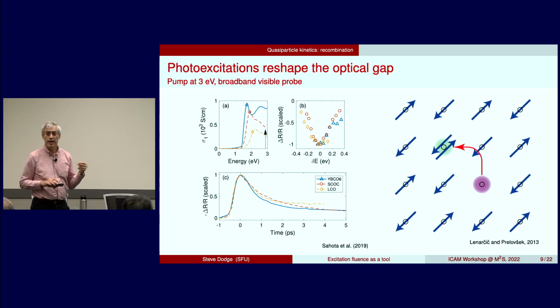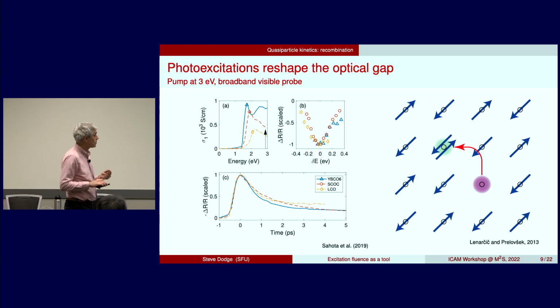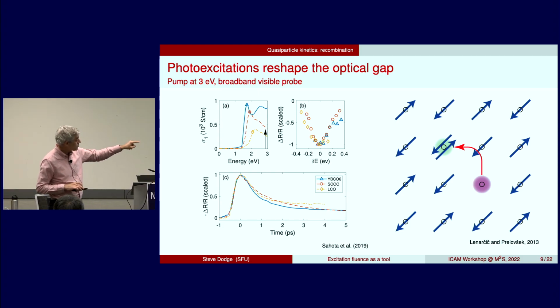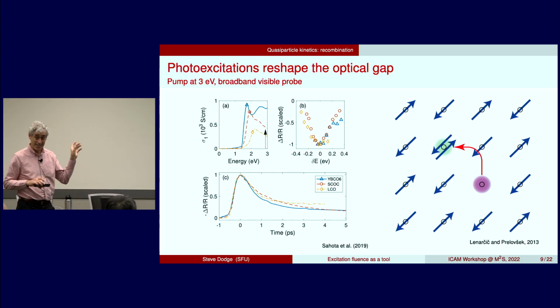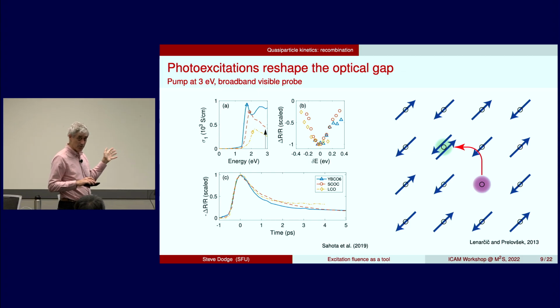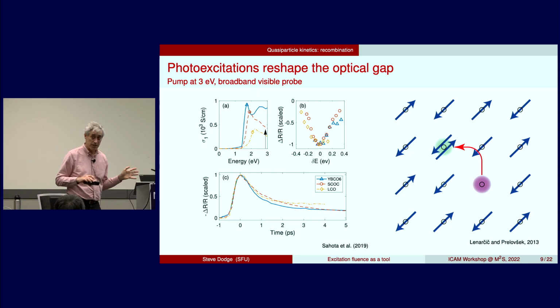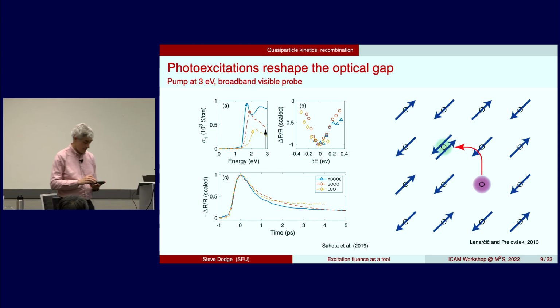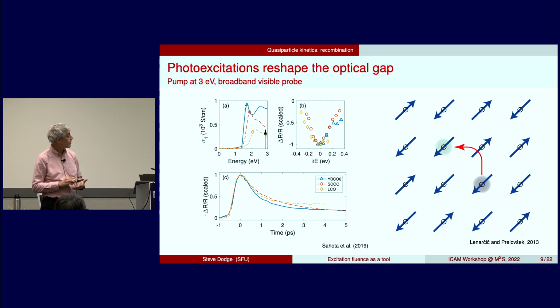And so that remained a kind of question mark for a long time until the work of Lenarchik and Pralovchik, which considered the case actually of an exciton now. In the original scenario, this was in tension with what I just told you, that they're free carriers. But if you set that aside for a moment and consider that you have a holon and a doublon that have been created by light, and then you have a hopping process where you go around the corner there. This is a cartoon.